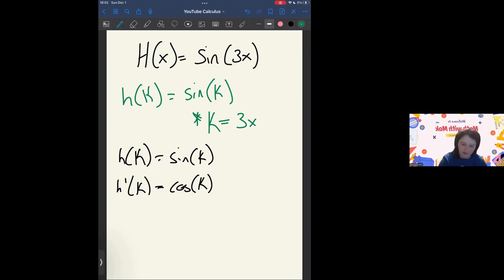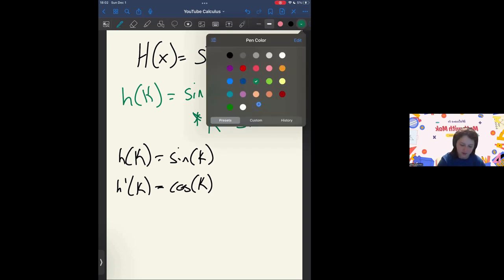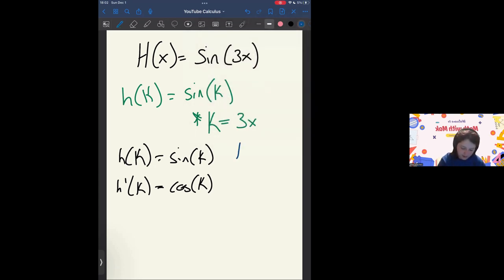But over here, let's change color real quick. Let's do blue. k must equal 3x for this to be true. Now my derivative of k is 3, right? So now I take my derivative that I just got and I plug my k back in.